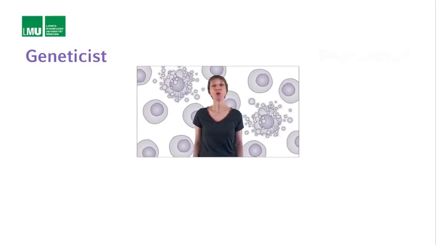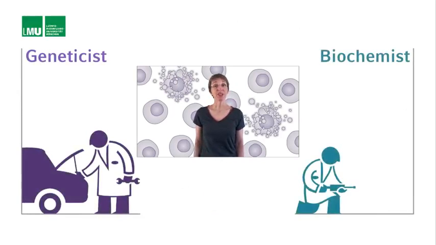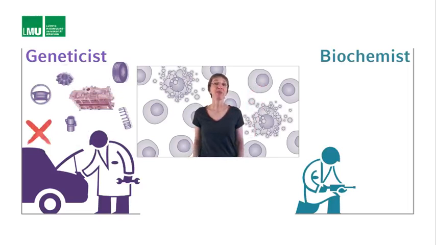I like the following comparison to demonstrate the differences between a genetic and a biochemical approach. Let's say a geneticist and a biochemist both want to find out what makes a car run. The geneticist would take out one part at a time and then try whether the car still starts.